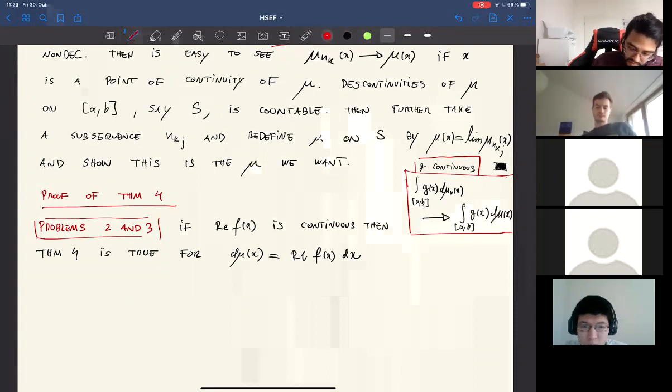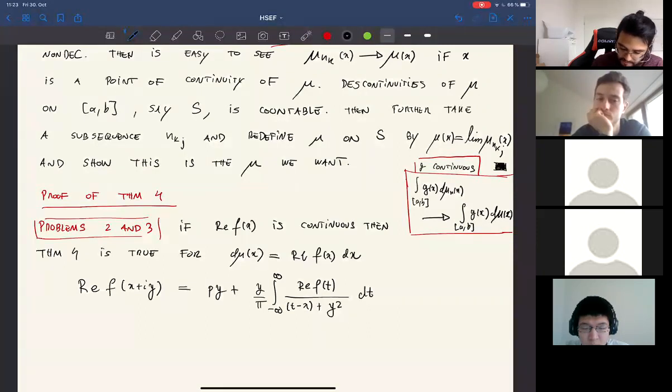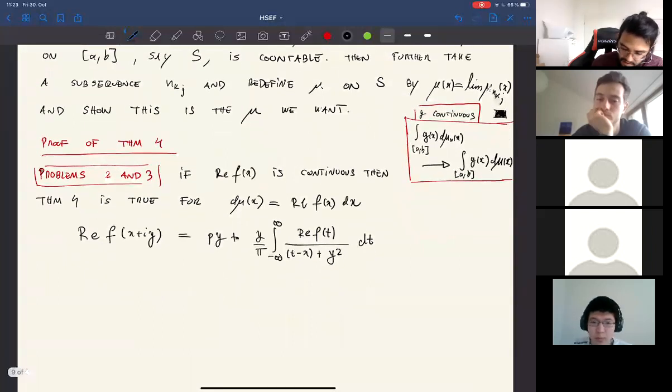And if you use problem 4, in particular they show that once you take the real part, at x plus iy, this is py plus y over pi times the integral of the real part of f(t) over (t minus x) squared plus y squared dt, where p can be computed as a limit when y goes to infinity of the real part of f(iy) divided by y. And this is problem 4.